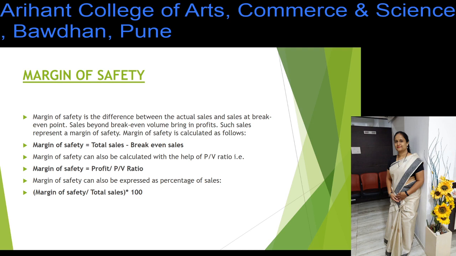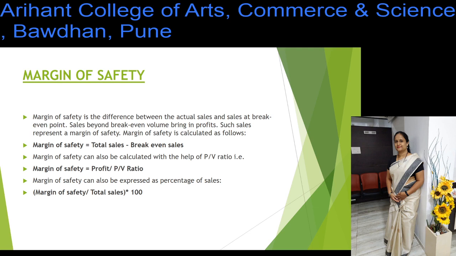Thus, this minimum level of profit you need to earn is margin of safety, and it starts above break-even point. So, whichever minimum profit you are earning on and above of break-even sales, that is called as margin of safety.